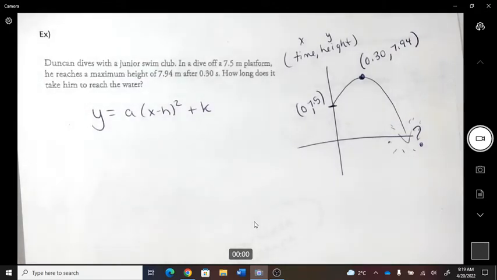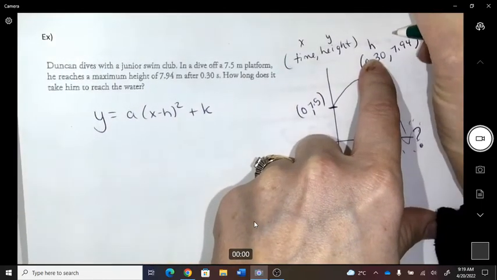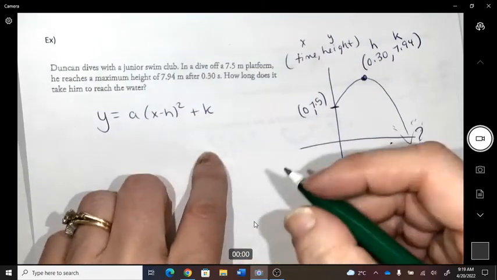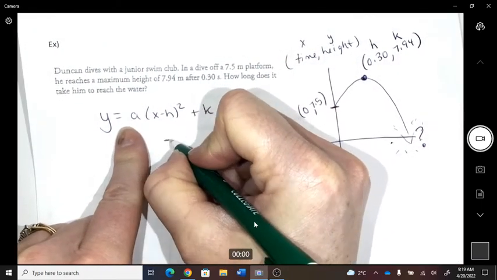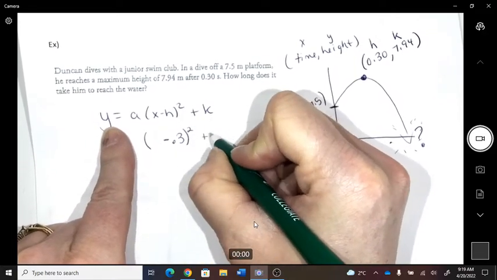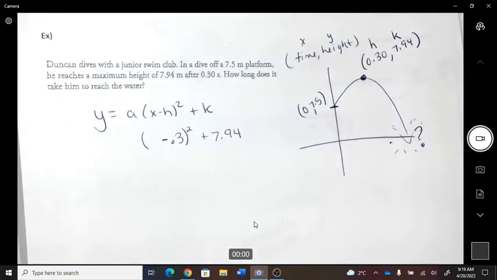Okay, so we know that we're going to plug in because we have to figure out the slope. So the vertex goes into the h and k spots. So this is going to be a minus 0.3. And this is a plus 7.94. Okay, that's the h and the k.